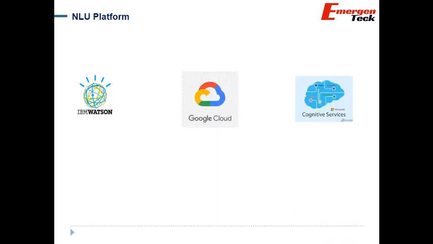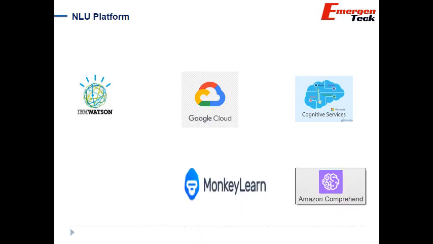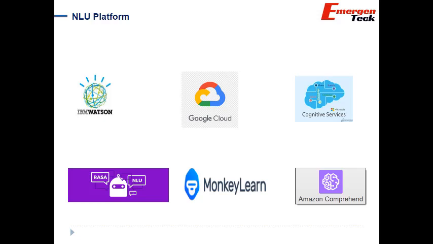But being a business user, these are the platforms: IBM Watson, Google Cloud, Microsoft Cognitive Services, Amazon Comprehend, MonkeyLearn, or Rasa. These are the platforms where we can experiment and interact with NLP without writing a single line of code. So it's good news for you, and we'll learn in the future how to experiment and write all of the components without writing a single line of code.